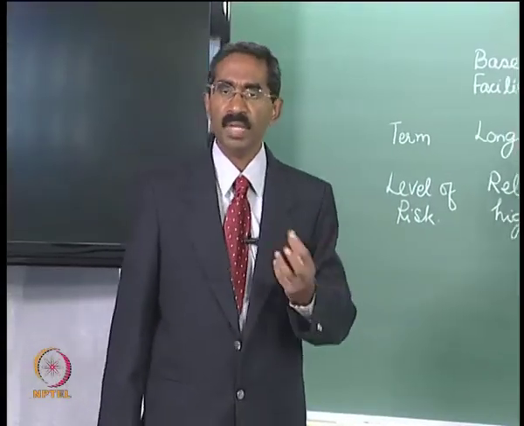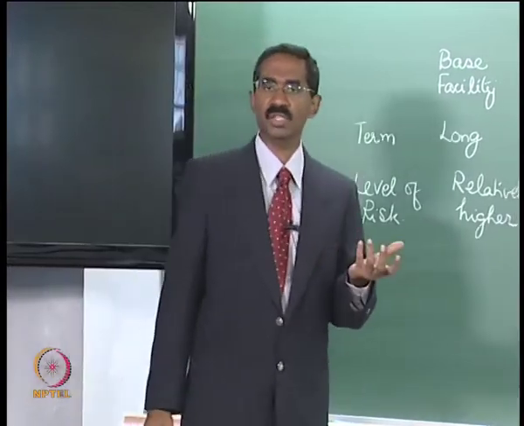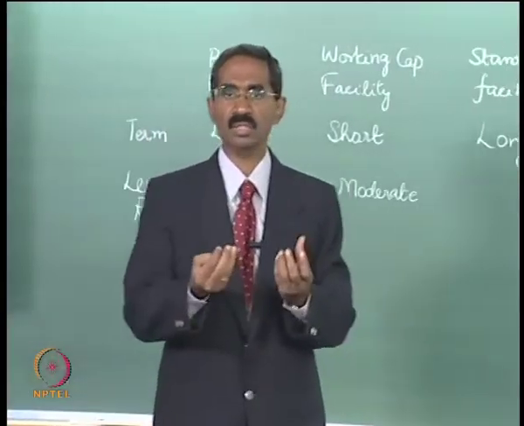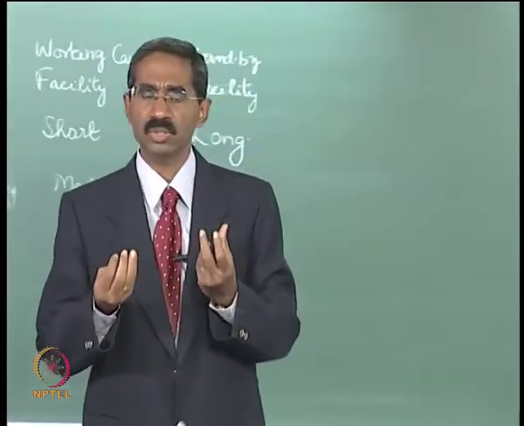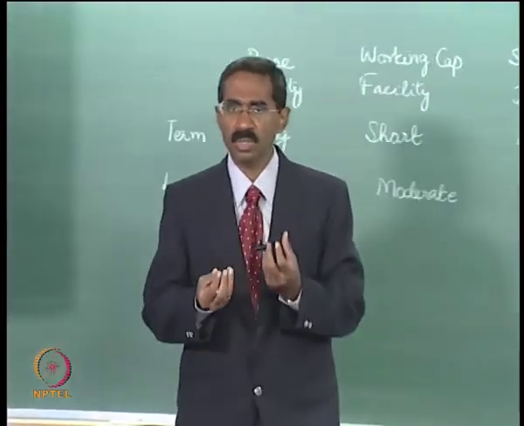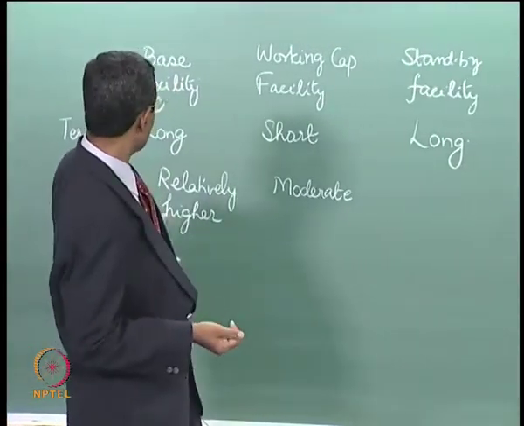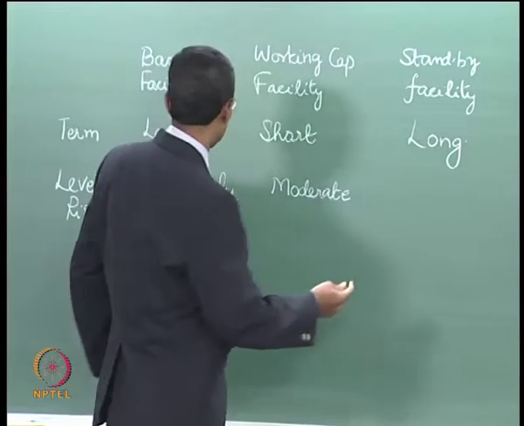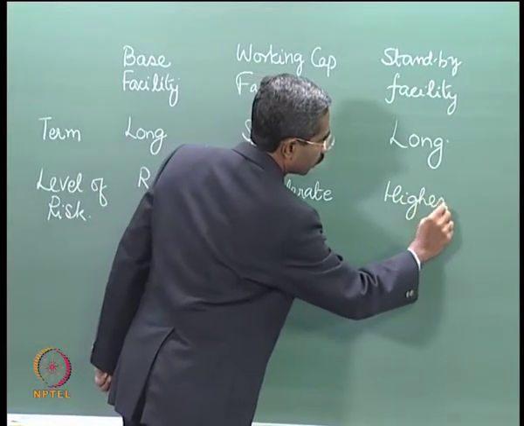So when a project starts utilizing the standby facility, it gives an indication that something is going on in a way that has not been planned at the budgeting stage. So the project is probably a little bit riskier if the standby facility is being used. So in the level of risk, the standby facility will, among the three, probably be the highest.